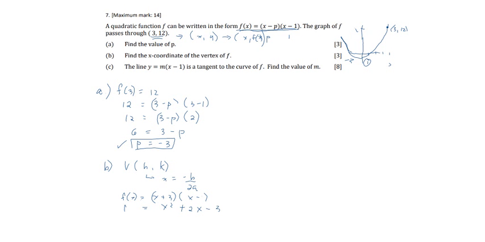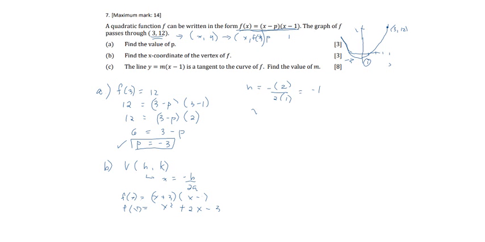In this format, we can now find the x coordinate of the vertex, which is equal to negative b over 2a. That is equal to negative 1.